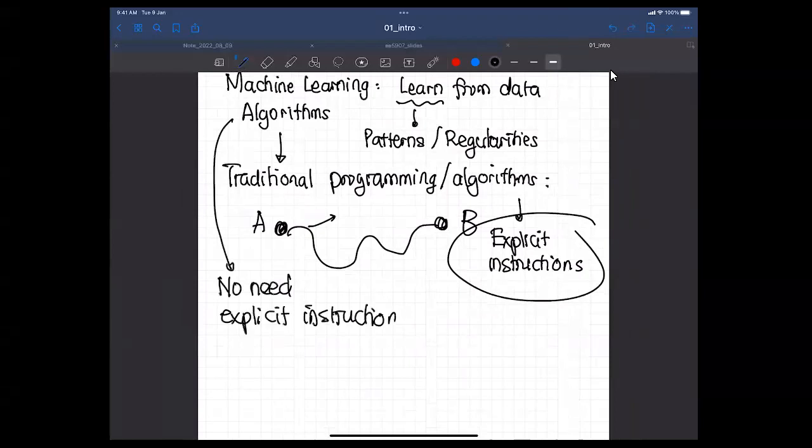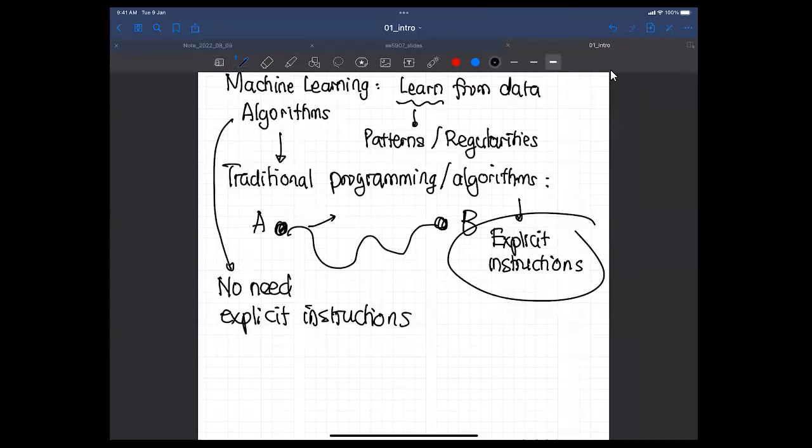So what does it mean by non-explicit instruction? It means that you let a generic kind of algorithm immediately learn from the data. So we want to get some pattern learning from the data.